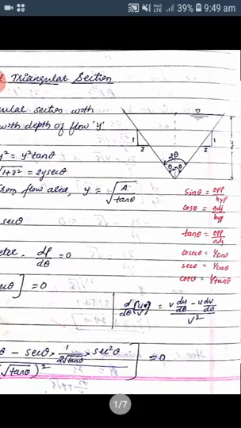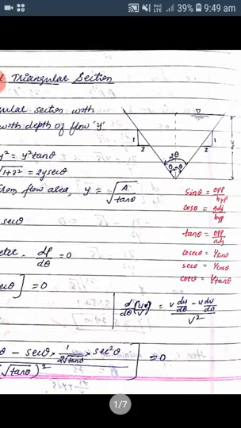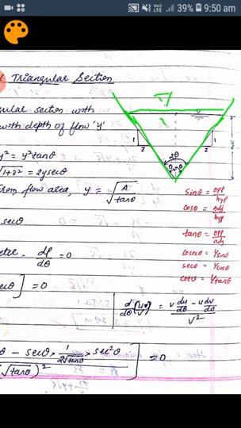Just look at this figure here. This is a triangular channel section, and this is the free surface of water. Let us draw one perpendicular. The total angle is 2 theta, and this angle is theta, and this angle will be theta. Then side slopes are given as z horizontal to 1 vertical.